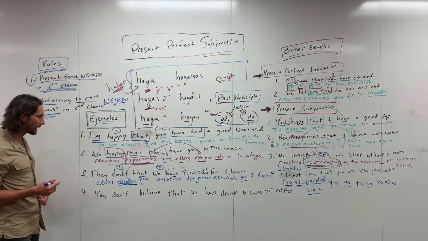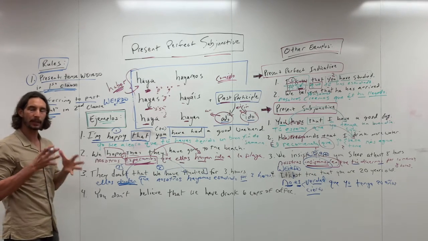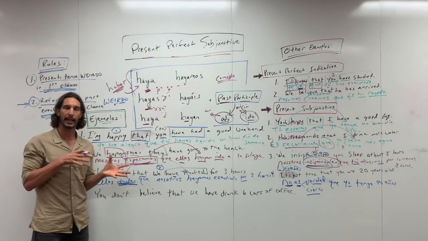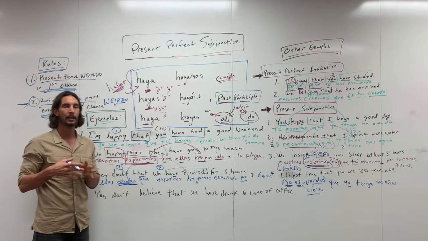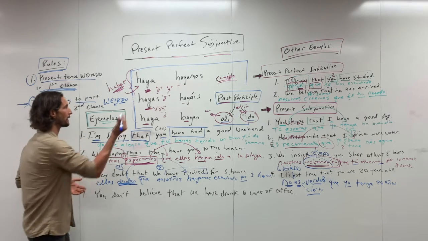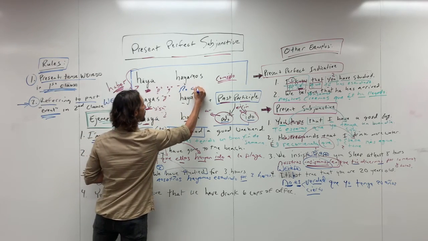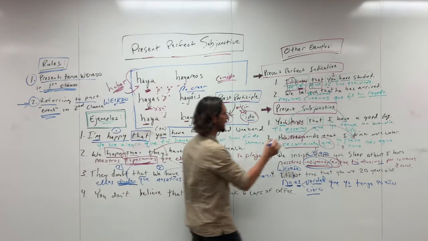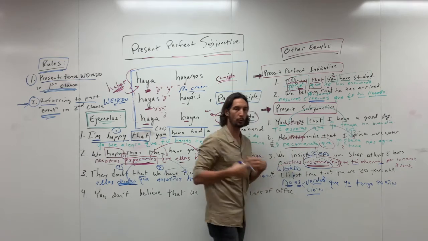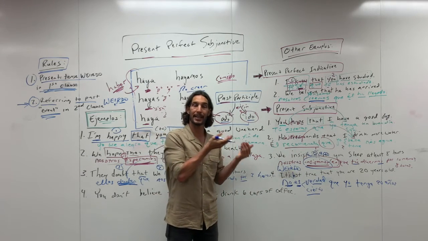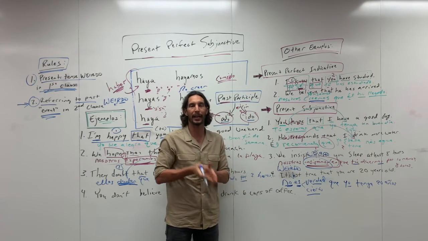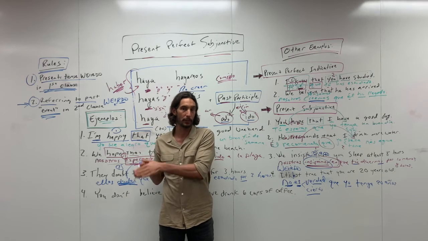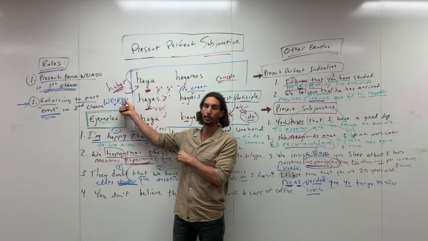You don't believe. Now that's playing off a little bit of doubt, because doubt itself is dudar. But to not believe is, I'll write it up here, no creer, right? And so be careful here, because notice that creer, to believe, is a non-weirdo, but no creer means to not believe, which falls under doubt, disbelief, denial.